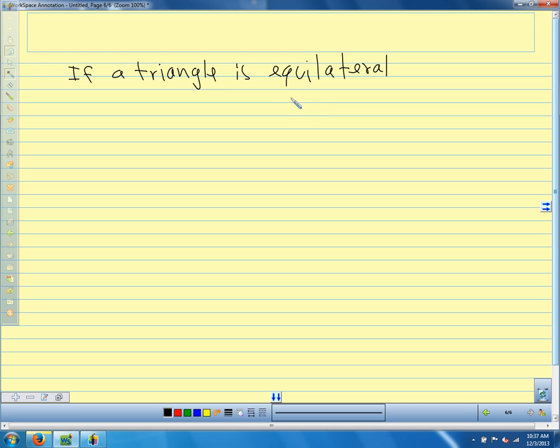All sides the same. Then it is equiangular. So what would equiangular mean then? All the angles the same.